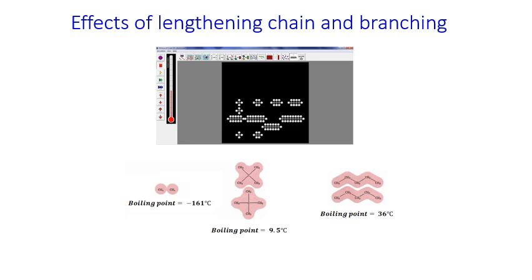Okay, so as you increase the chain length, the boiling point actually increases, because you've now got more interactions between the chains, as you can see. So here we have only 2 carbons, here we have 4 carbons, that's minus 161, that's 36.